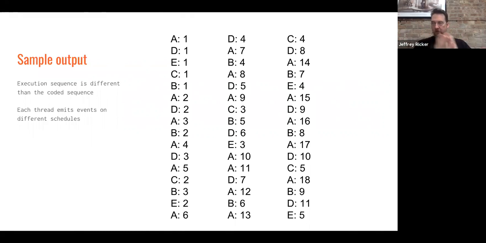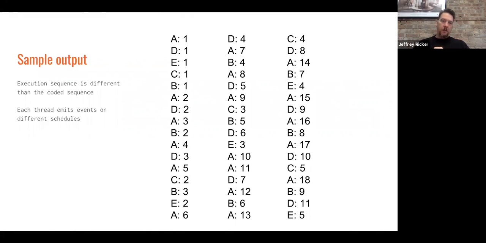They're just going to go when they go, right? So already right out of the gate, you can see this issue of parallelism, that you're no longer dealing with a sequence. And then as you see, each one of them is updating at its own rate. A is updating much faster than B, which is updating much faster than E.